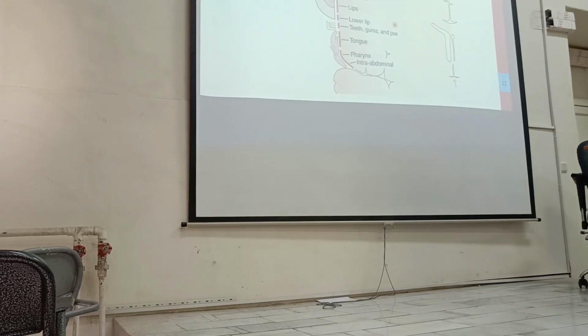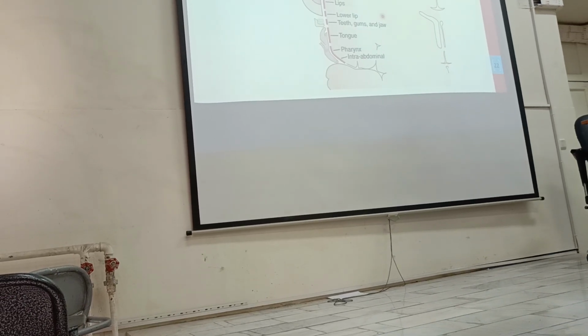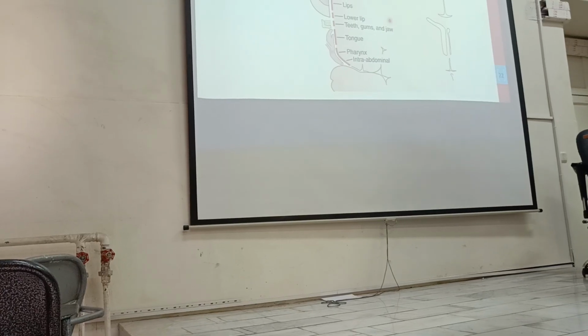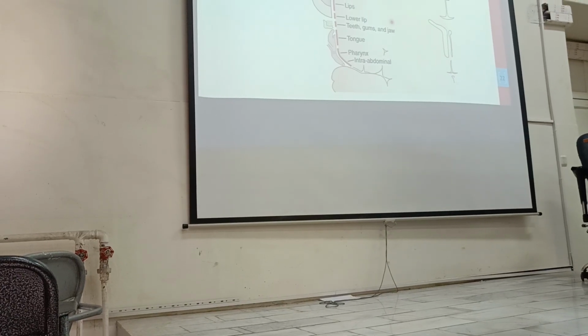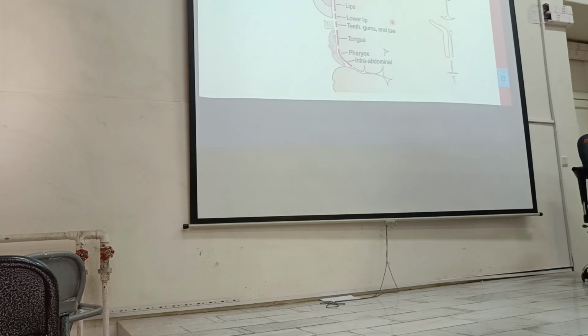So in the leg we may have, for example, 100 receptors, okay? Only an imaginary number, actually. Imagine that we have 100 receptors scattered in the leg, but we may have, for example, 1,000 receptors in the fingers.